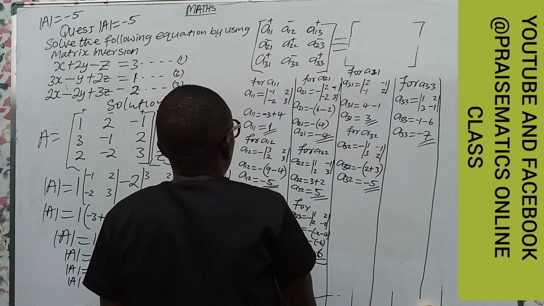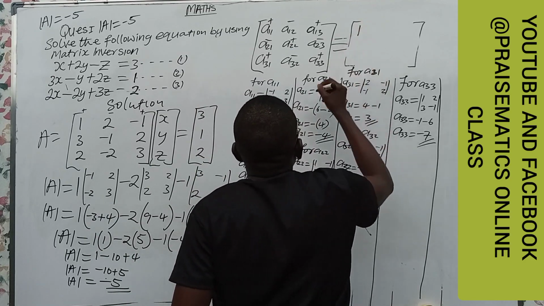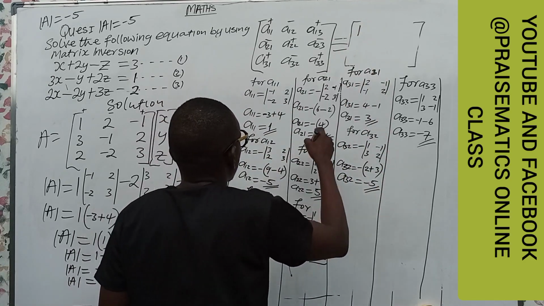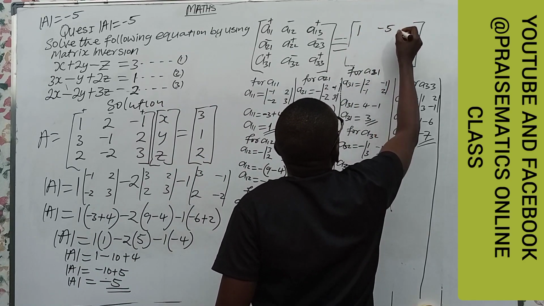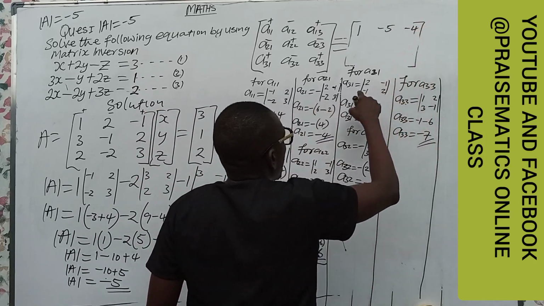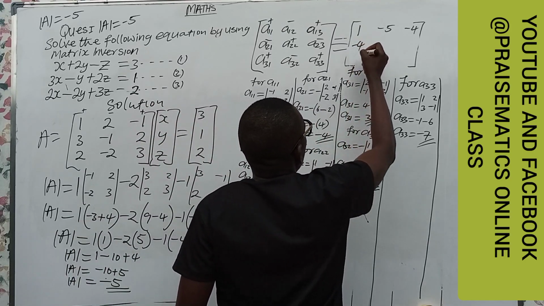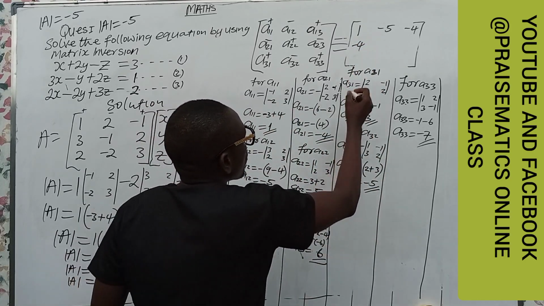Our A11 from the beginning is 1. A12, we have it as minus 5. A13 minus 4. A21 minus 4. A22 5.